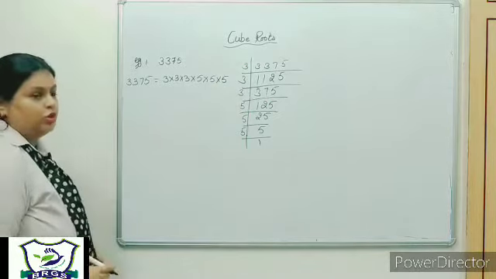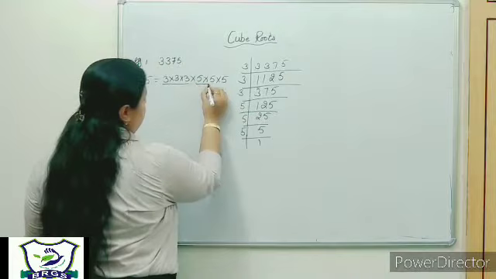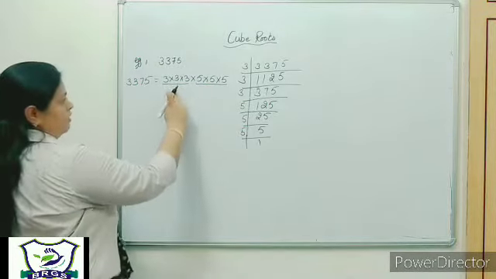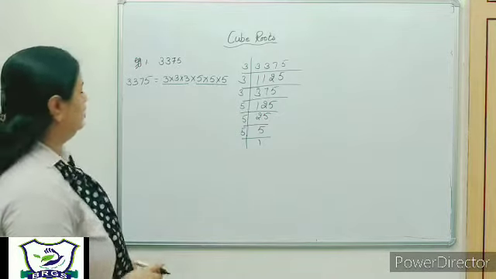To find cube root of 3375, we have to make a group of 3 identical prime factors. Now from each group we will take one factor and multiply it, then we will calculate the cube root.